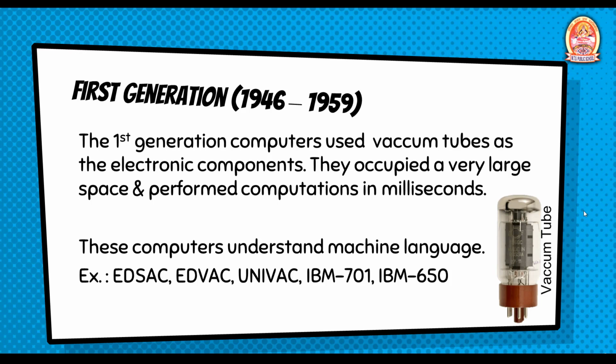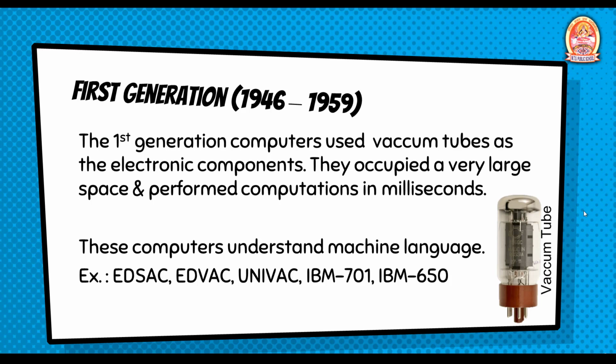First generation computers understand only machine language. With time, so many kinds of computer languages evolved, which we will be studying in later part of this series. You can see picture of vacuum tube on your screen.